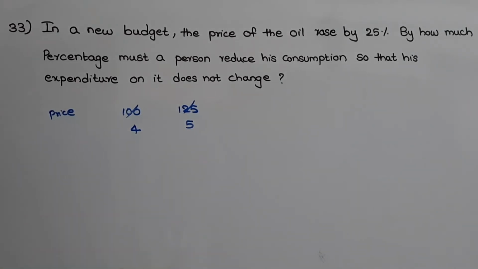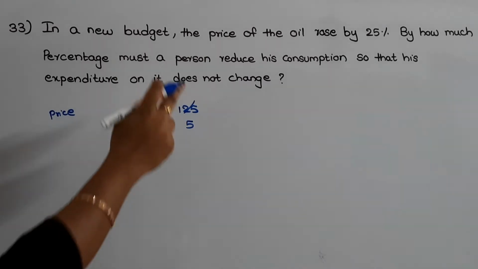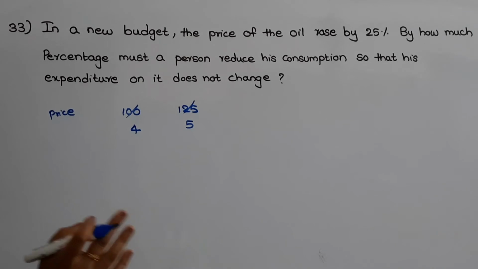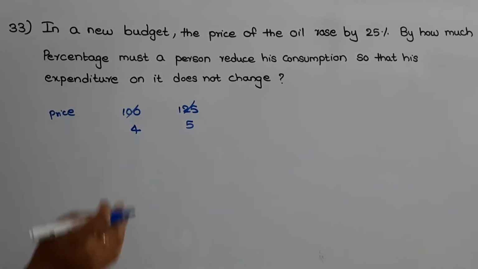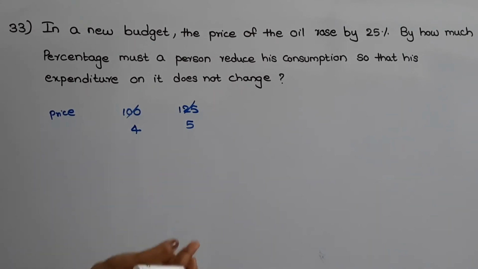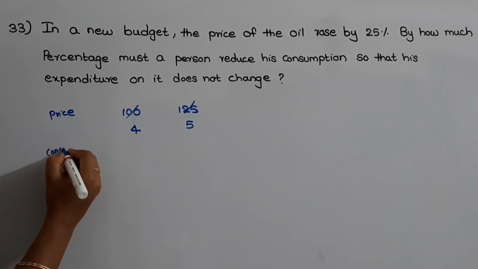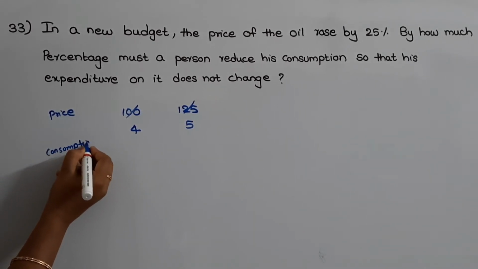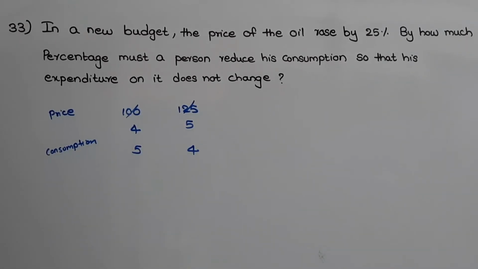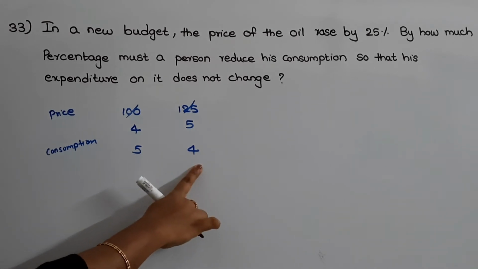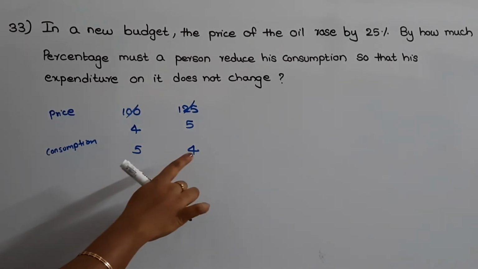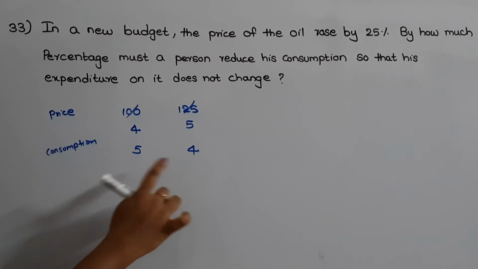We need to find out by how much percentage the person should reduce his consumption so that the expenditure is constant. So when the expenditure is constant, price ratio will be inversely proportional to the consumption ratio. So the consumption ratio will be 5:4. So we need to find out the percentage decrease in the consumption. Since the answer is in terms of percentage, we can find the answer with the help of the ratio itself.